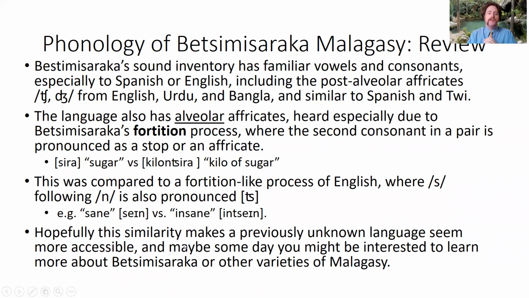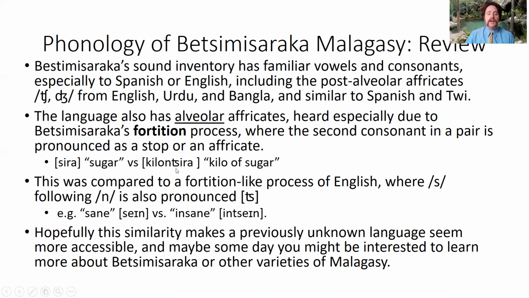So today we talked about the phonology of Betsimisaraka Malagasy. Its inventory has familiar vowels and consonants, especially to Spanish or English. It does have those post-alveolar affricates, ch and j, that we know from English and Urdu and Bangla and similar to Spanish and Twi, but it also has alveolar affricates, and we heard those in this fortition process where we had two consonants in a row, and the second one is a stop or an affricate, like we heard in sira versus kilon tsira.